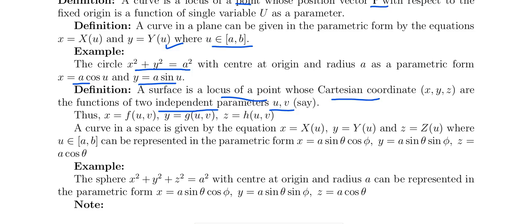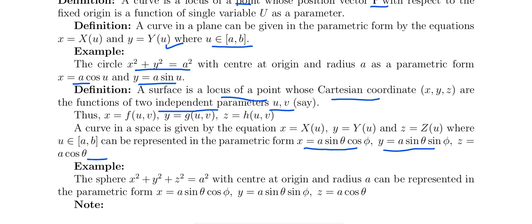Its Cartesian coordinates x, y, z are functions of the two independent parameters u, v. So the curve in space is given by the equations x equal to x of u, y equal to y of u, z equal to z of u, where u belongs to the closed interval [a, b], and can be represented in the parametric form x equal to a sin theta cos phi, y equal to a sin theta sin phi, z equal to a cos theta.